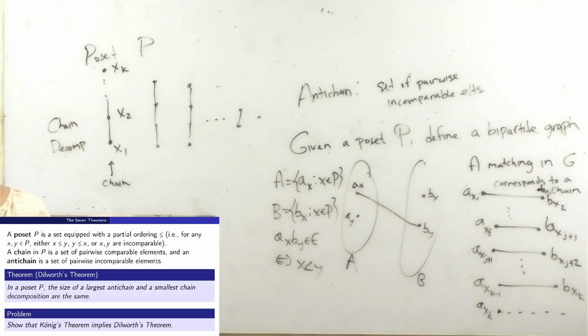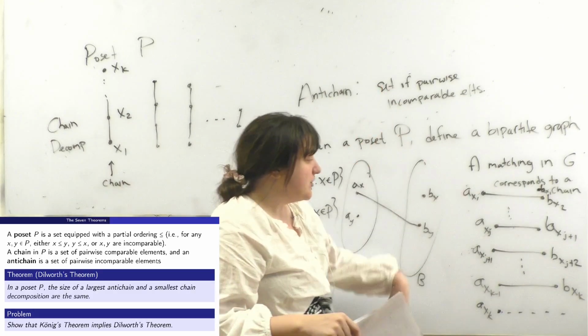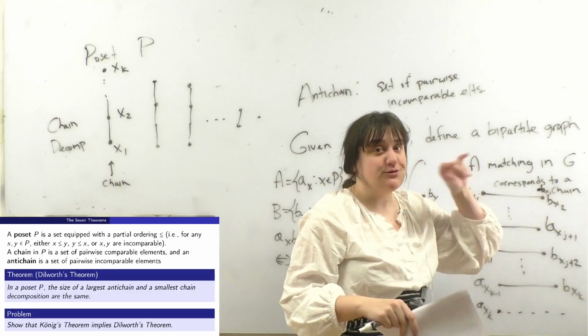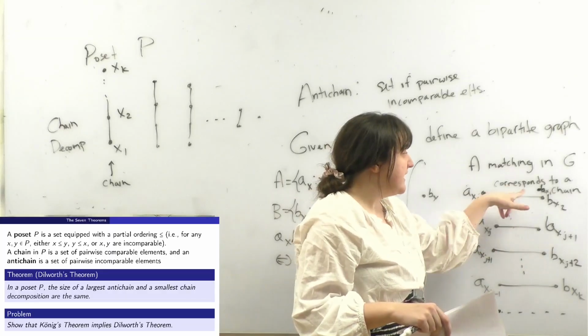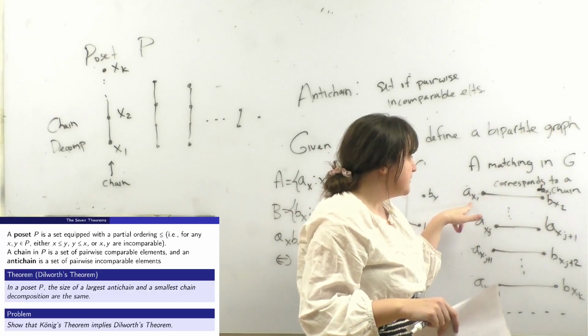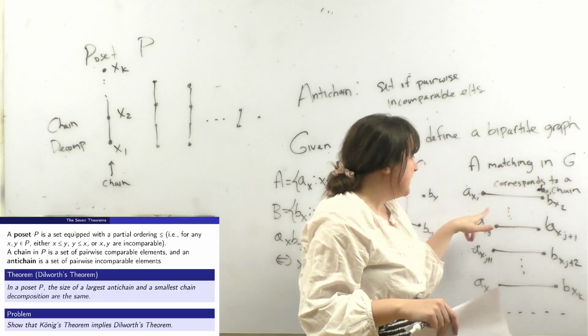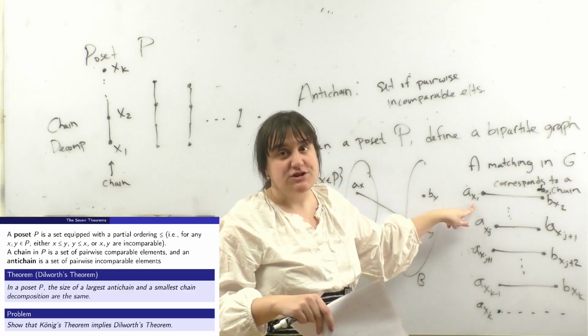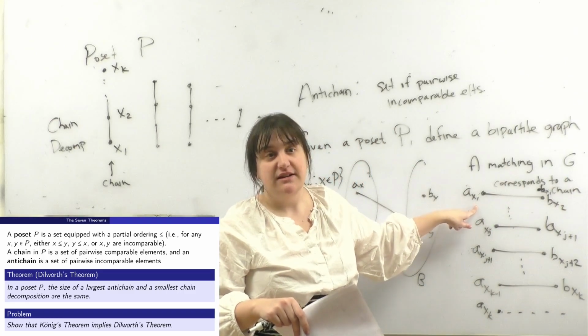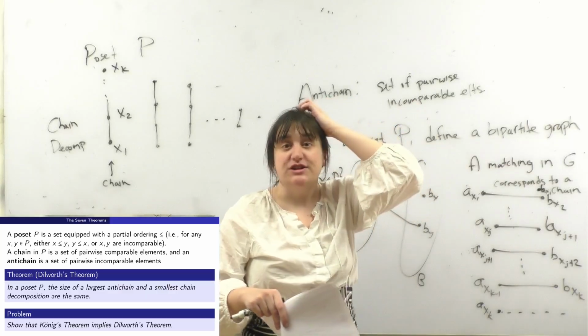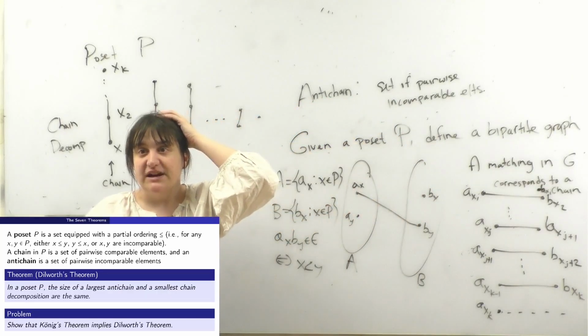Okay, so what that means is that every chain corresponds, let's just focus over on the right, to one element, the b_x1 that is showing the minimal element in the chain. It corresponds to one unmatched element over here on the right.